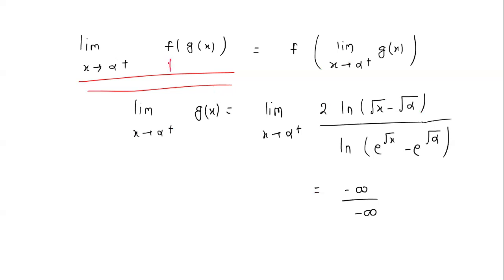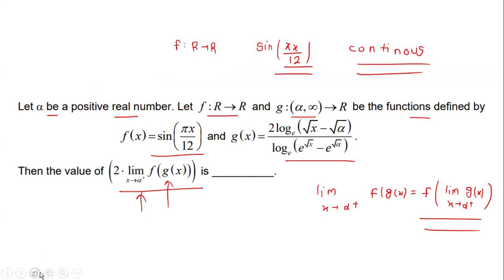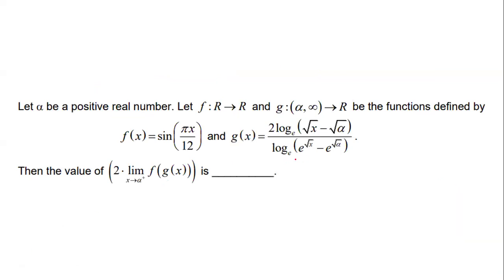So we know f is a continuous function, so we can move this limit to the inside. And now we can evaluate the limit x tending to alpha plus g of x. g of x, we know, is given in the problem. This is 2 times log of root x minus root alpha at the base e, divided by log of e to the power root x minus e to the power root alpha at the base e.